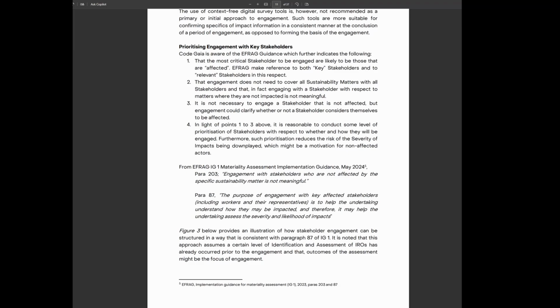Obviously then, specific engagement on specific impacts does not necessarily lend itself to a digital survey tool. It is much more appropriate to engage stakeholders in a workshop format or with more meaningful communication forms than simply sending them a digital email survey.